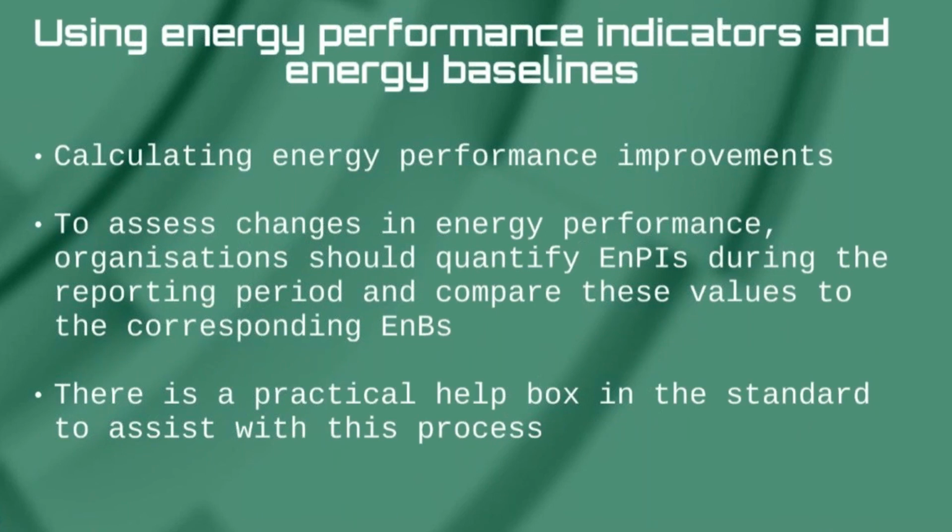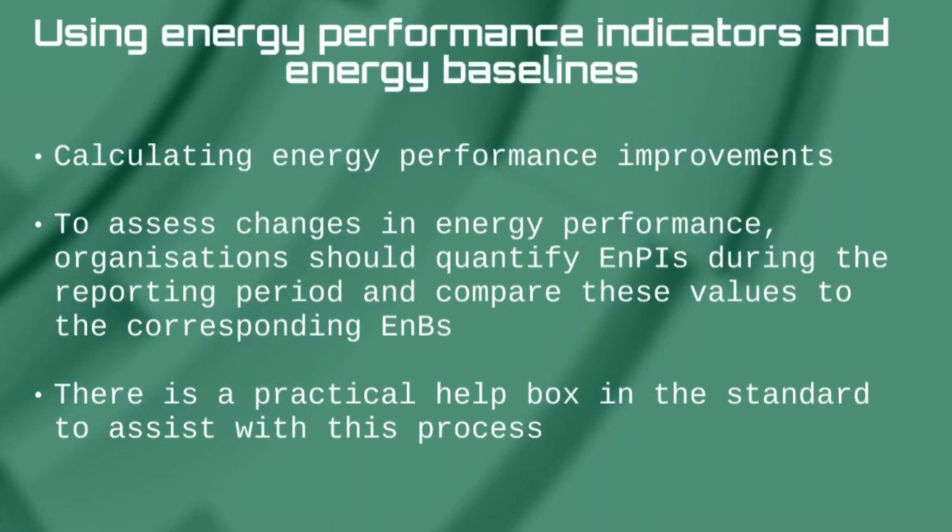Okay, moving on to calculating energy performance improvements. To assess changes in energy performance, organisations should quantify energy performance indicators during the reporting period and compare these values to the corresponding baselines. There is a practical help box in the standard to help you with this process.